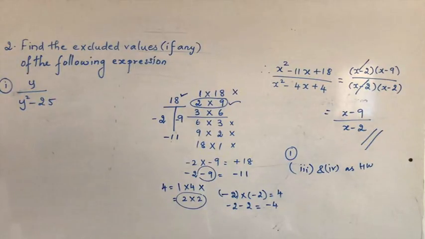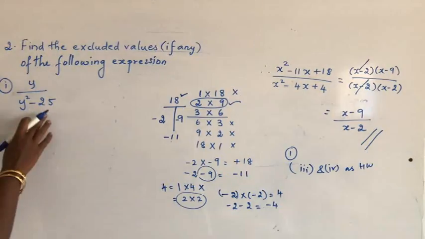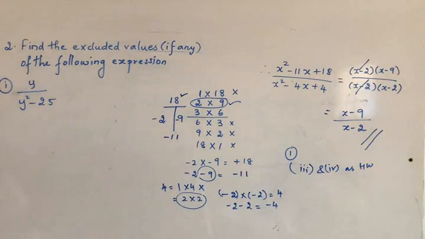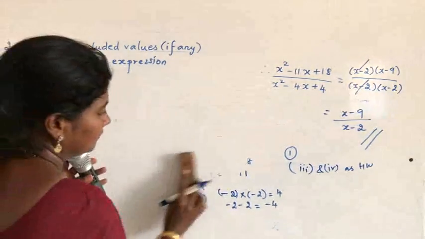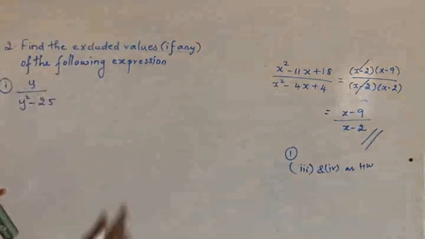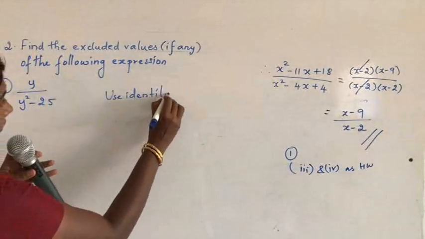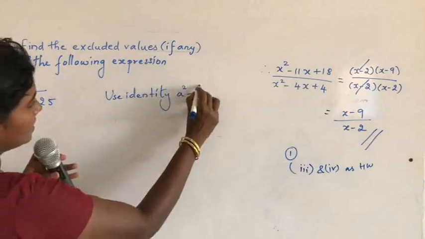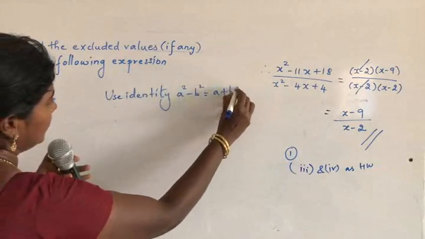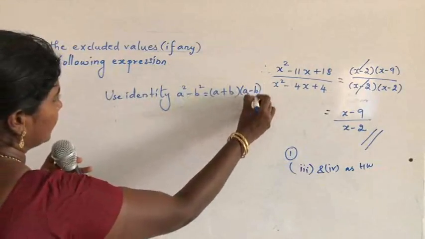Now let's come to the denominator, which is y square minus 25. As we did in sum number 1, first subpart, we have to use the identity a square minus b square is equal to a plus b into a minus b.